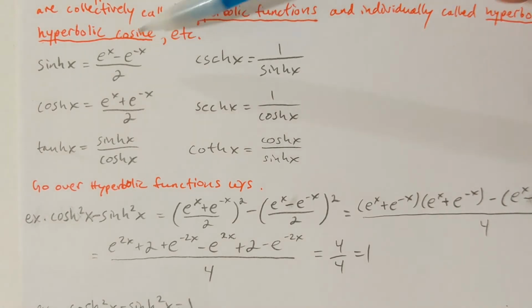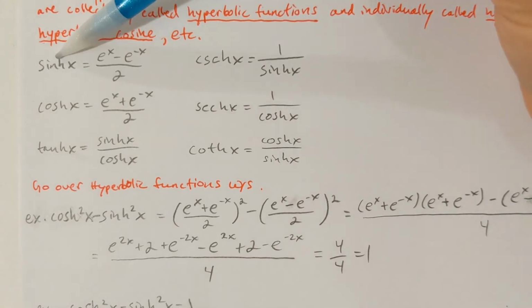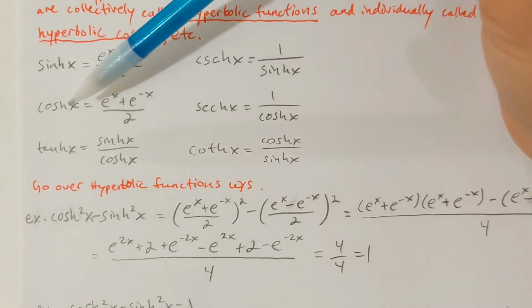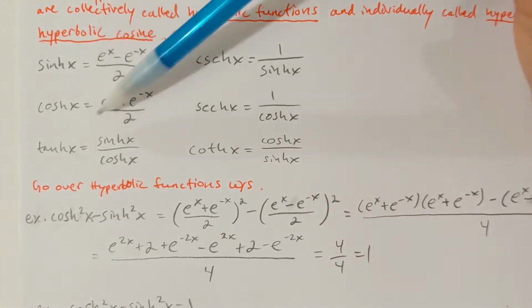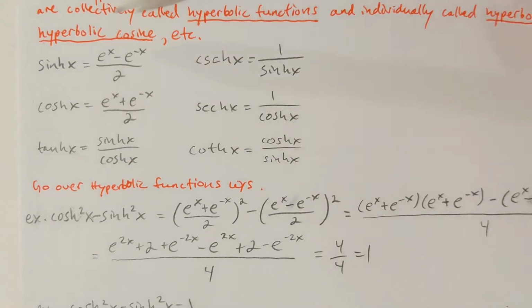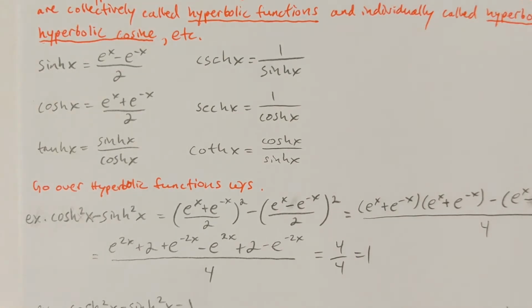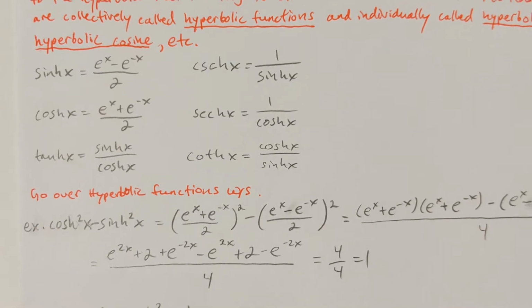I'm working with formulas involving e to the x and e to the negative x. H is not a constant, so I wouldn't think of this as sine of h of x or cosine of h of x. If you're doing that, you're still thinking about trig stuff, and nothing about this is trig.